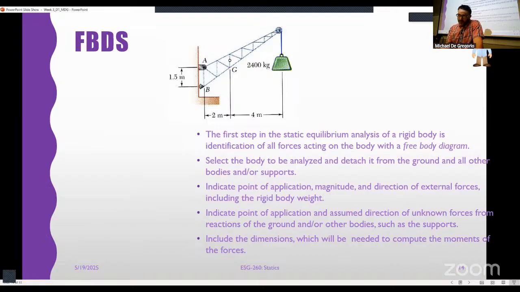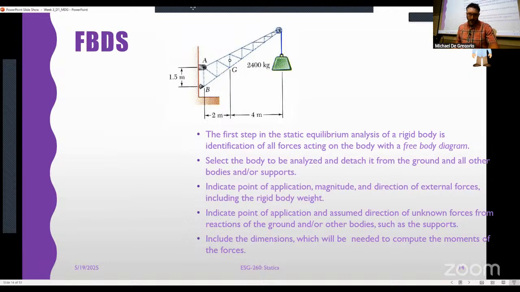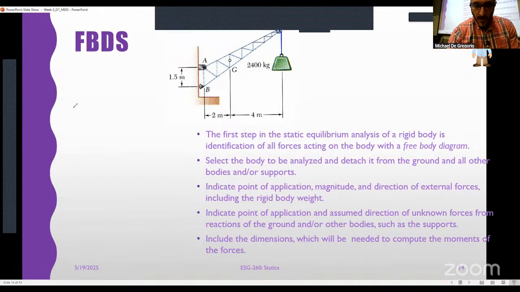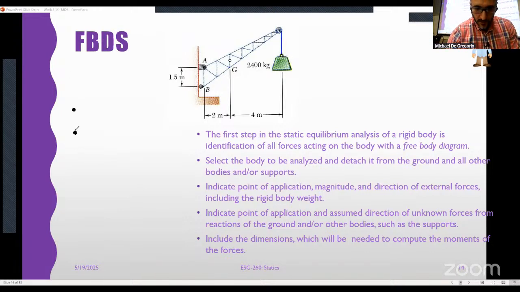So the first step for static equilibrium analysis of a rigid body is cut it away from its supports and draw our free body diagram. So we'll just do a quick example here, right? So here's point A, here's point B. Remember, we always want to have our coordinate axes nearby.